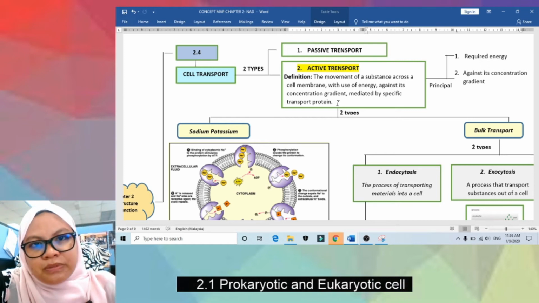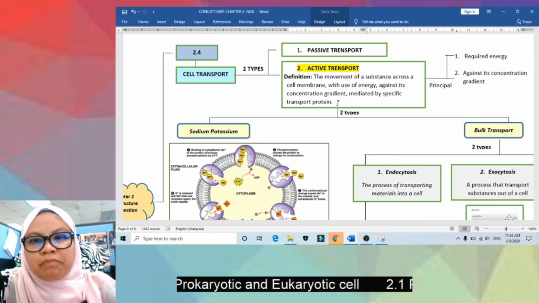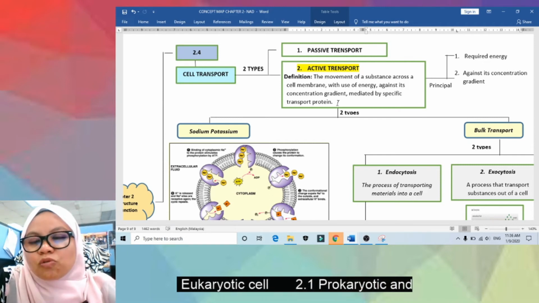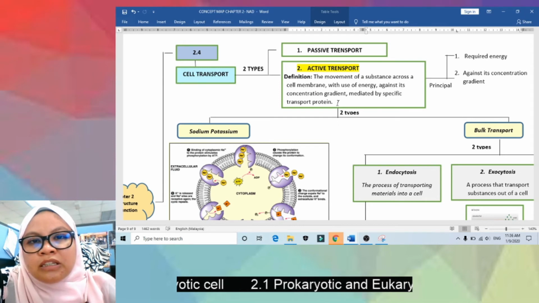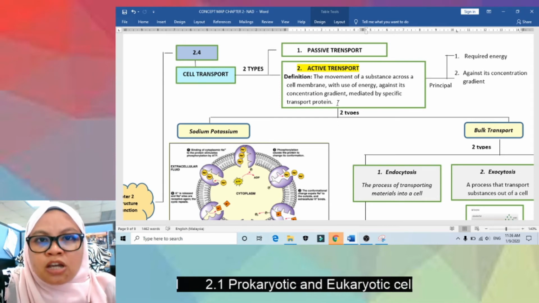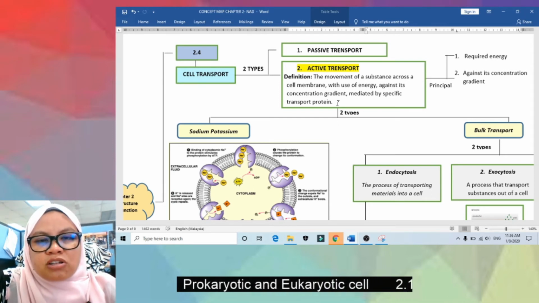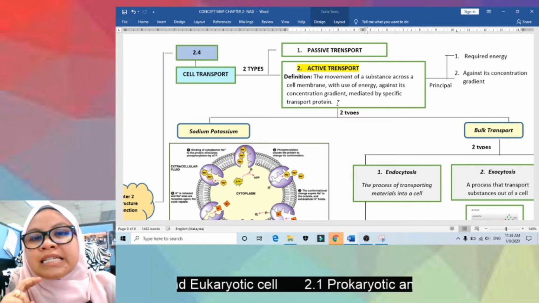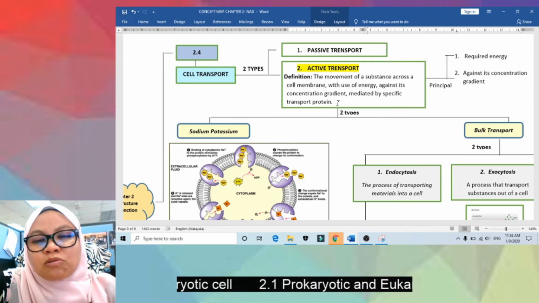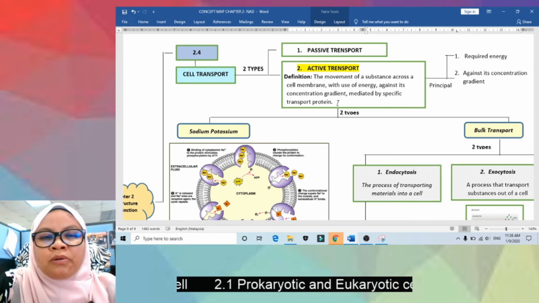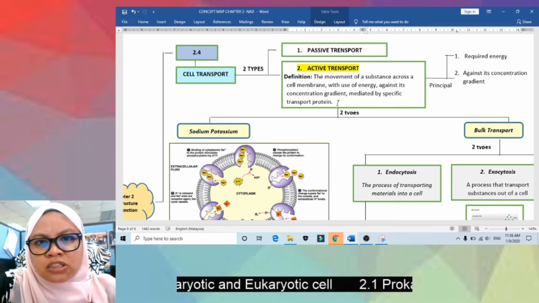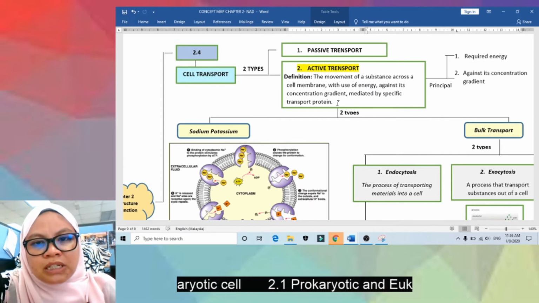So basically, the principle of active transport is that the movement of substance requires energy. Second, it is against the concentration gradient, meaning the substance will flow from low concentration to high concentration, from the region of low concentration to the region of high concentration.